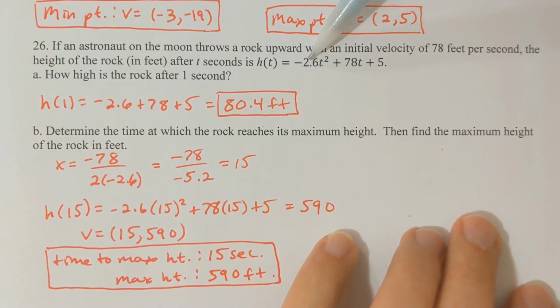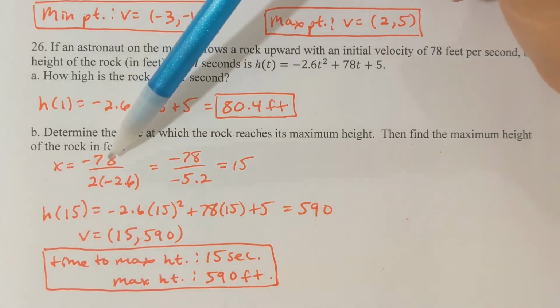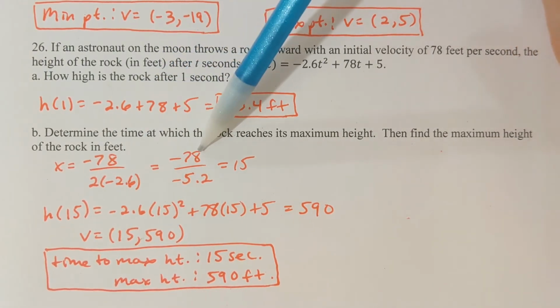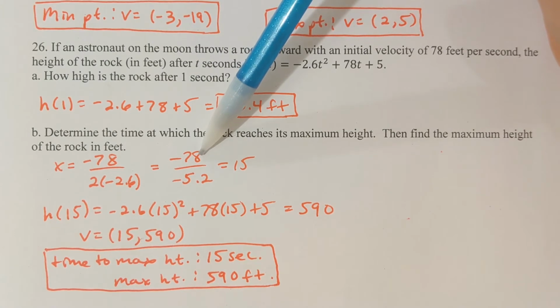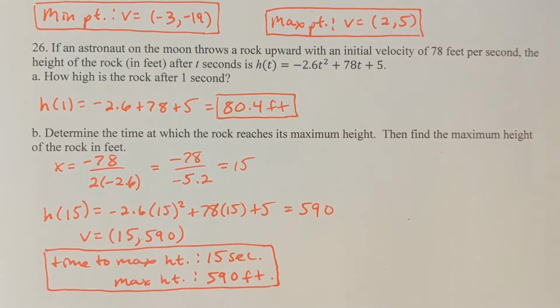A is negative 2.6, B is 78. So I want the opposite of B divided by 2A. Negative 78 divided by negative 5.2, that'd be 15. So at 15 seconds, the rock is going to be at its highest point in the air.